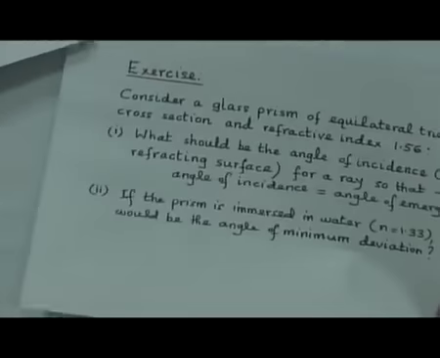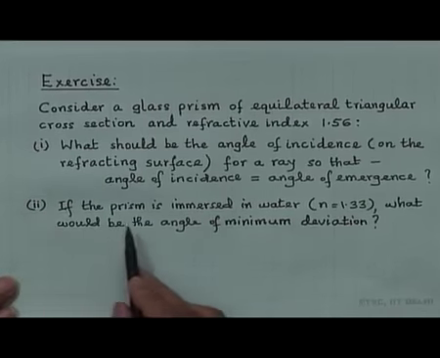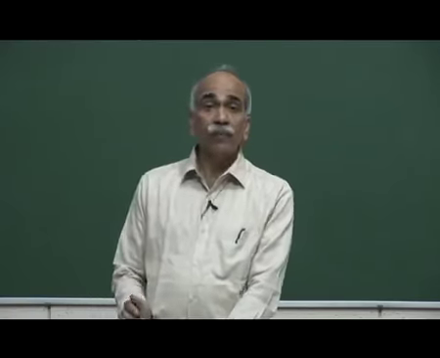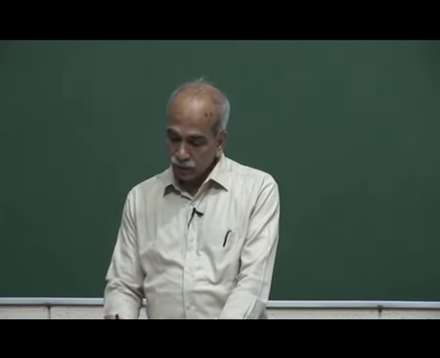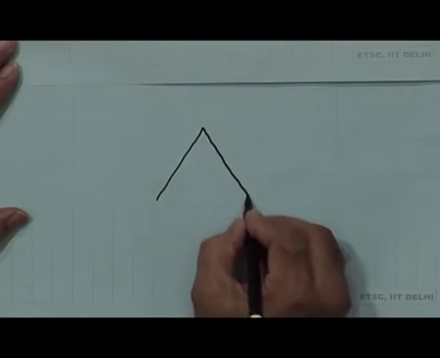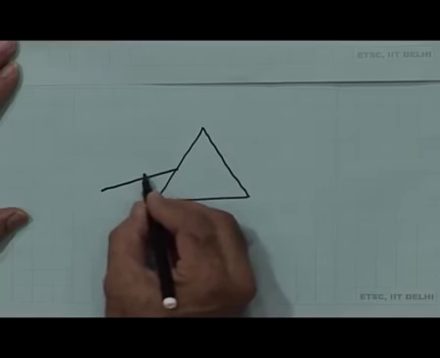In the question we have angle of minimum deviation for the second part. If the prism is immersed in water, what would be the angle of minimum deviation? So, how can we work out? Exactly like that, it is the same prism. So, we can again draw the prism, but this time the outside medium is different. The ray is here.